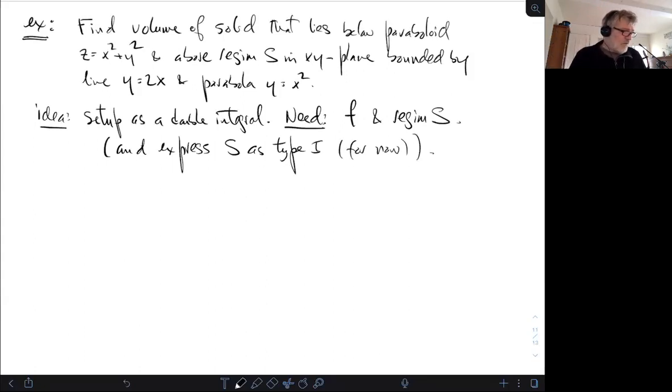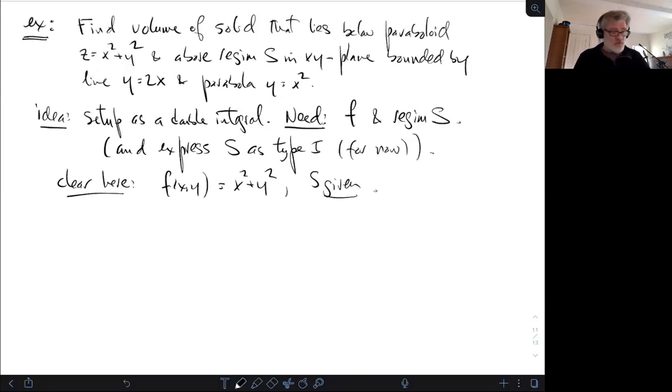Okay, so it seems reasonable here. So it's sort of clear here. Since the solid is everything below the paraboloid, the function f that we'll be integrating, its graph is z equals x squared plus y squared. So that will be our function. And S is given.